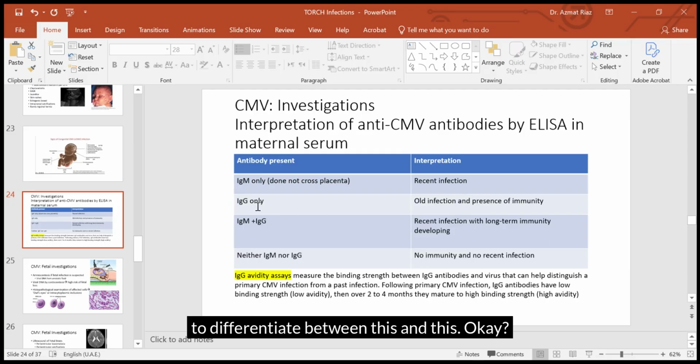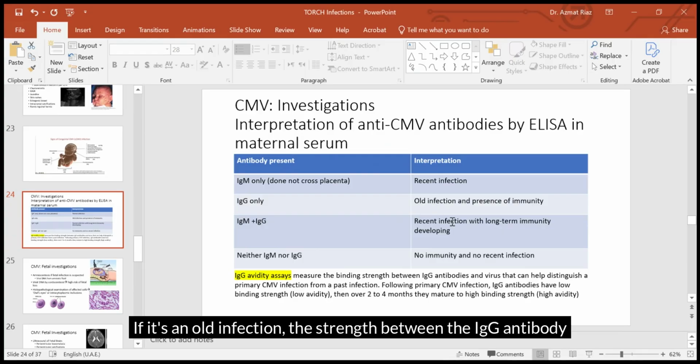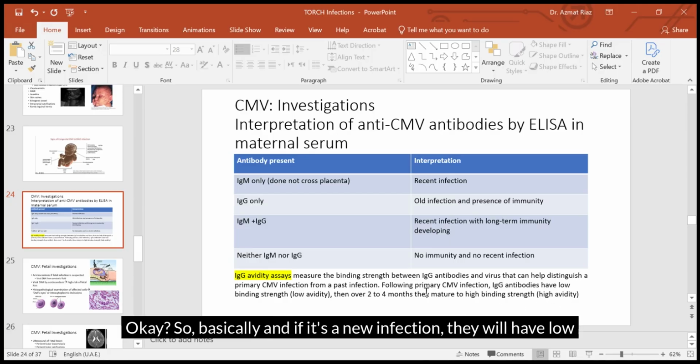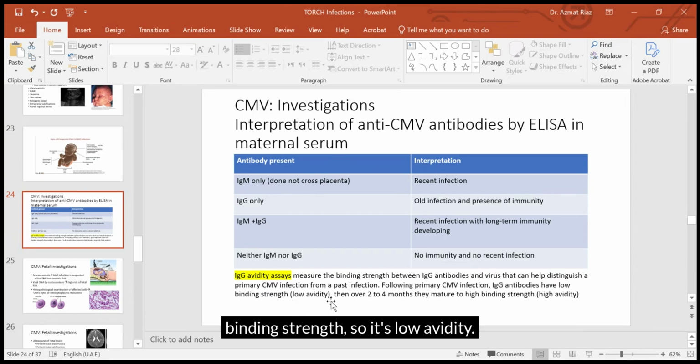So we basically want to differentiate between these two. If it's an old infection, the binding strength of the IgG antibody will be high. And if it's a new infection, they will have low binding strength, so it's low avidity.